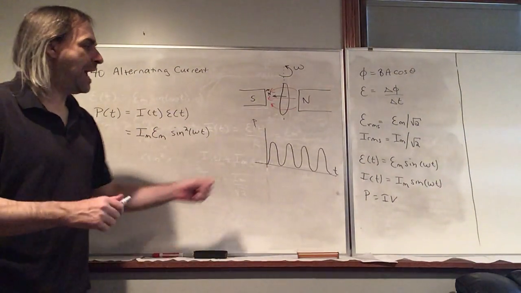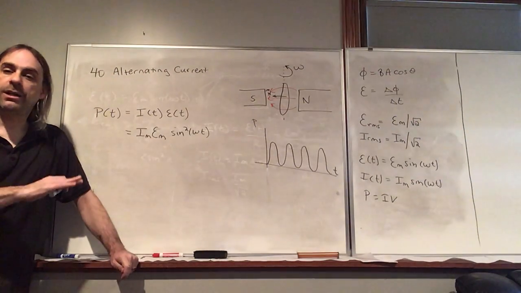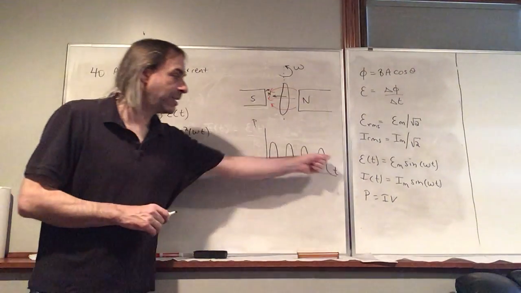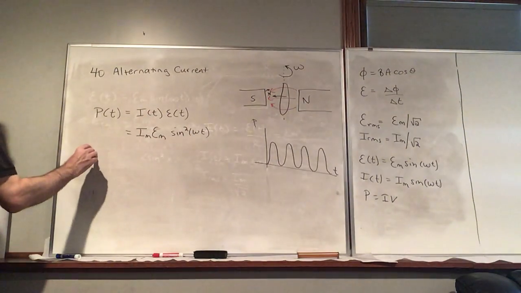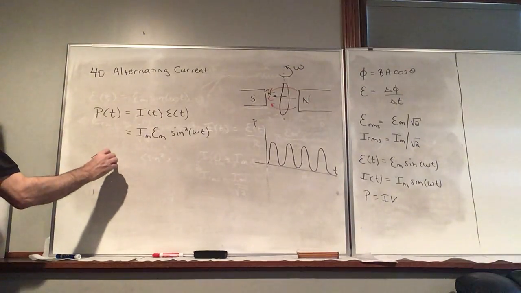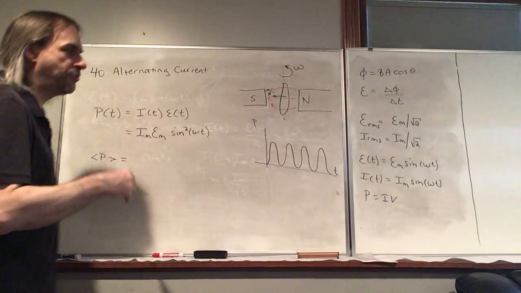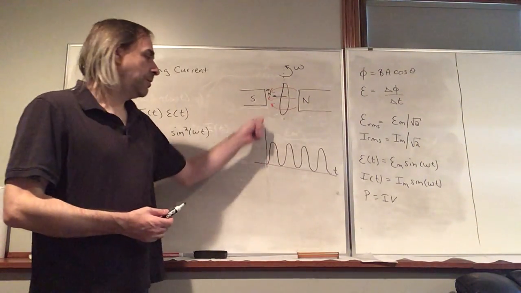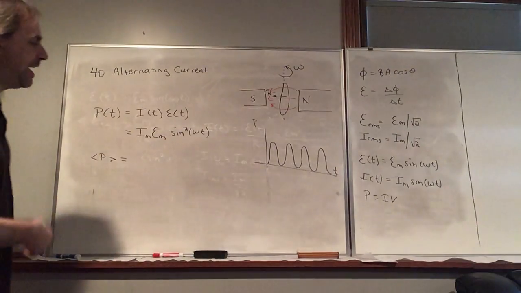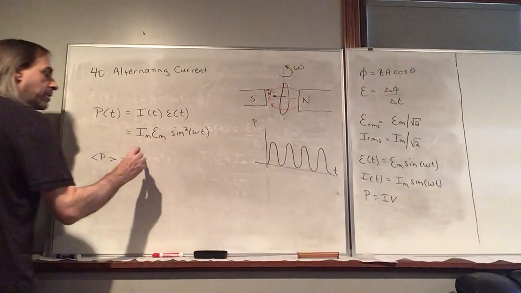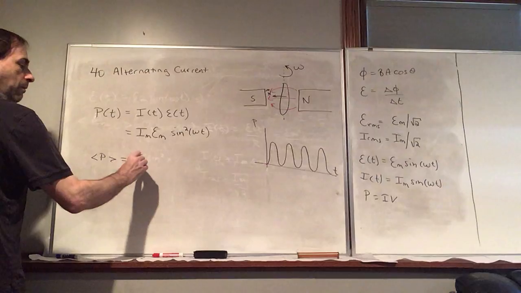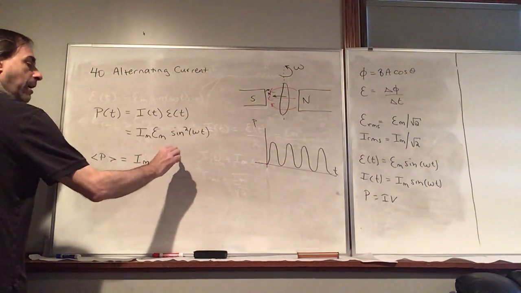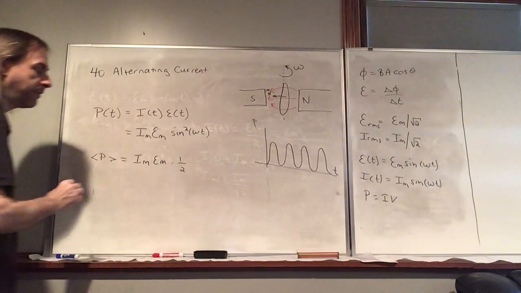So if we want to talk about average power, we can just take a straight average without doing this RMS thing, because we have all positive values to begin with. In general, finding the average value of a function requires calculus, but in this case we're just taking the average of sine squared, and again we're going to get 1/2. So the average value of sine squared is 1/2.